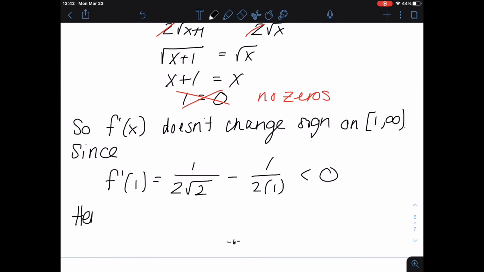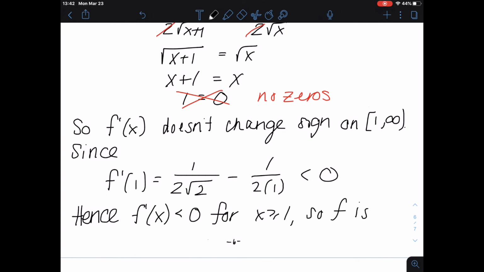So hence, f prime of x is less than 0 for x greater than or equal to 1. So f is decreasing. Okay.